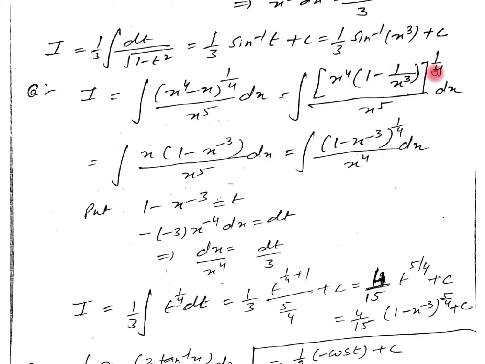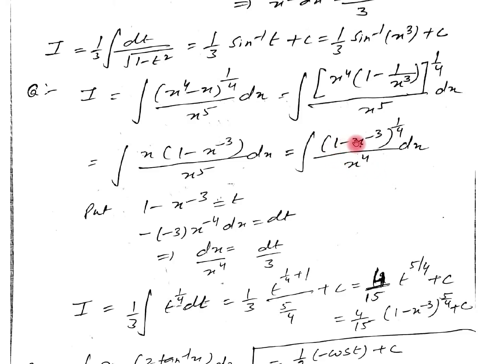Now opening the bracket, x raised to power 4 into 1 by 4 is x, into 1 minus x raised to power minus 3 whole power 1 by 4 upon x5. Here it should be 1 by 4 also, because the power is 1 by 4 upon x5. Simplifying, I am getting 1 minus x raised to power minus 3 whole power 1 by 4 upon x raised to power 4.